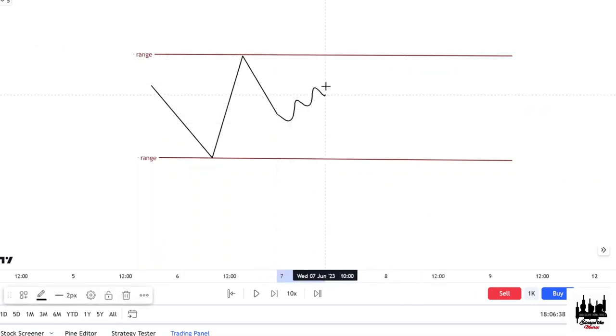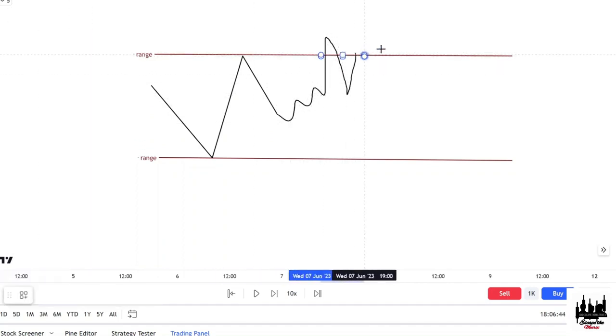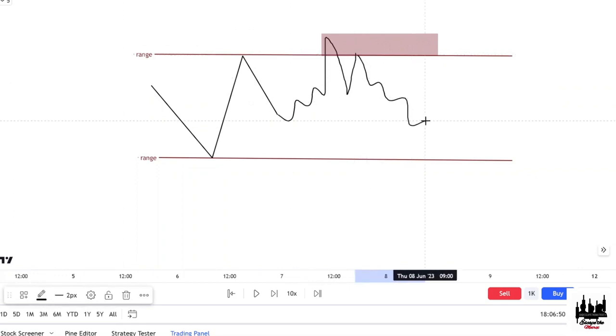You're waiting for price to come up, stop hunt, come back inside the range, and go back into a return to origin for price to continue lower. So that's another thing you want to note. Which entries are you looking for? Preferably, you want to stick to one and actually specialize in one thing. So, are you an internal liquidity trader or an external or both?